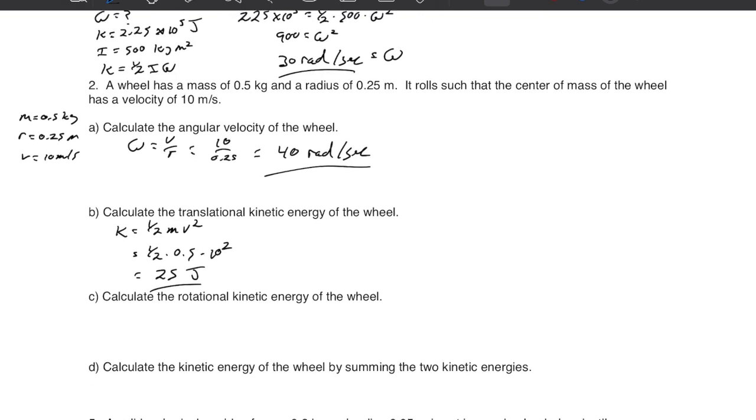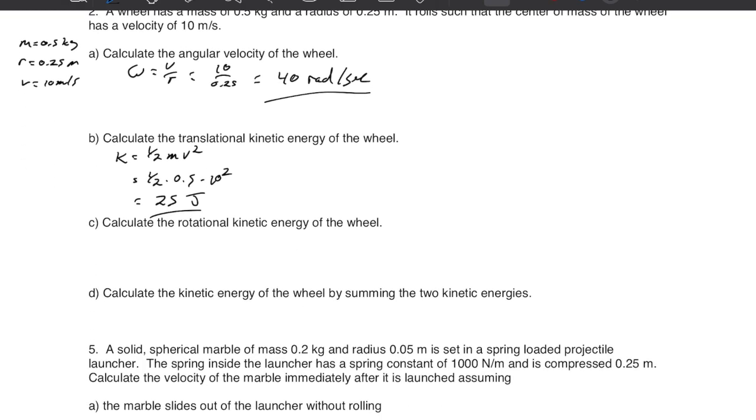Calculate the rotational kinetic energy of the wheel. Rotational kinetic energy is 1/2 I omega squared. In this case, we're going to treat the wheel to be like a tire, so it's a ring. So I is equal to mr squared. K rot, or rotational kinetic energy, would then be 1/2 times the I, mr squared, times omega squared.